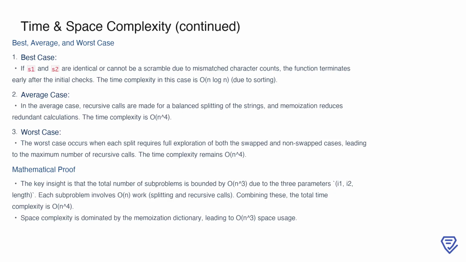In the average case, the recursive calls typically involve balanced splitting of the strings, and memoization prevents redundant calculations. This results in a time complexity of n to the power of 4. The worst case occurs when every split requires full exploration of both swapped and non-swapped scenarios, leading to the maximum number of recursive calls. Even in this situation, the time complexity remains n to the power of 4.